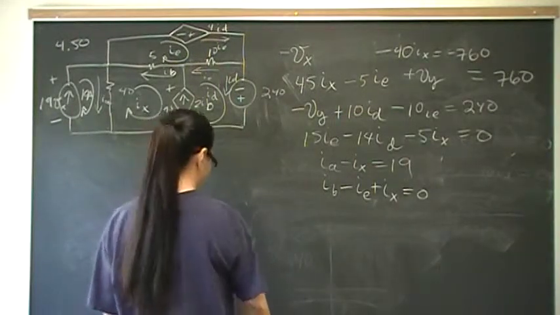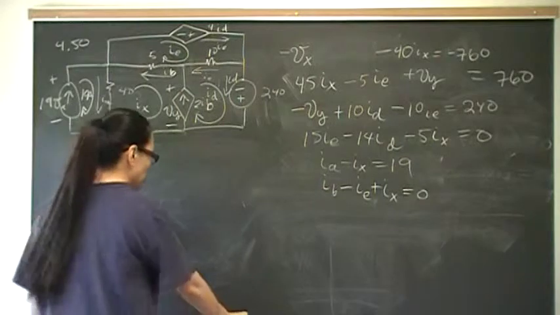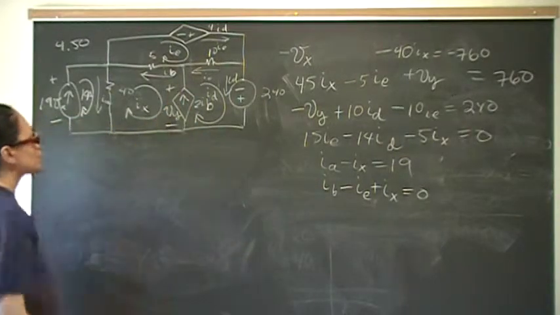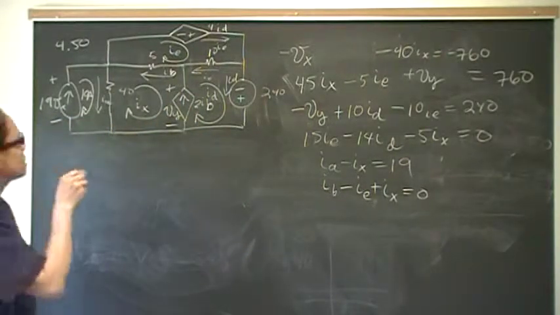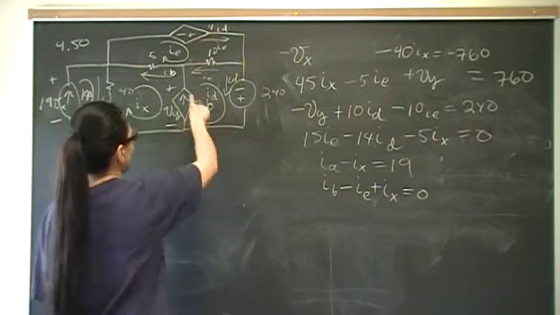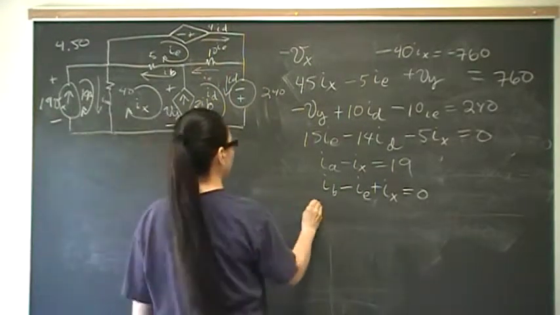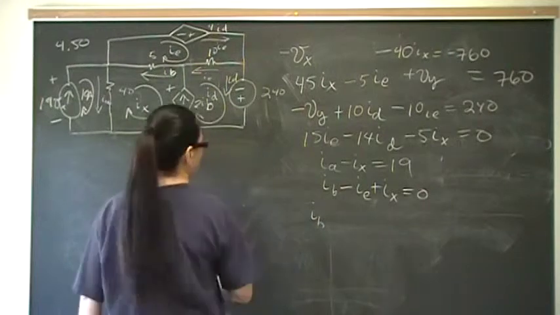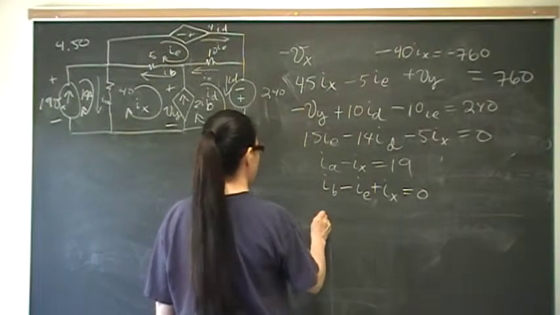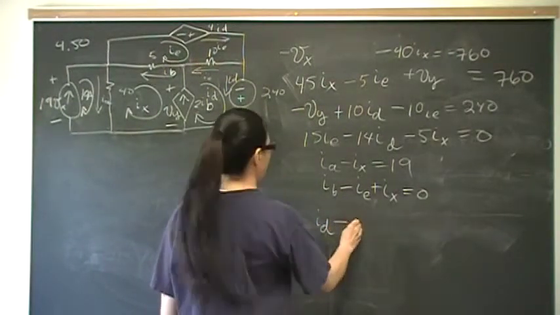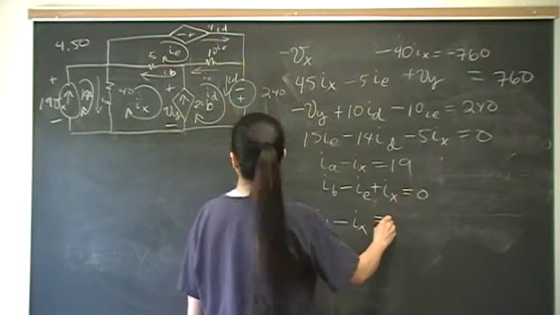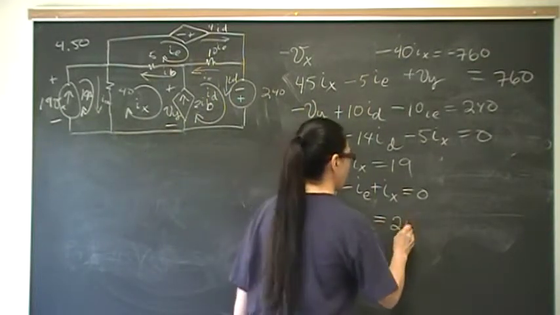The next equation is going to come from the current controlled dependent current source. So that equation is going to be ID minus IX is equal to 2IB.